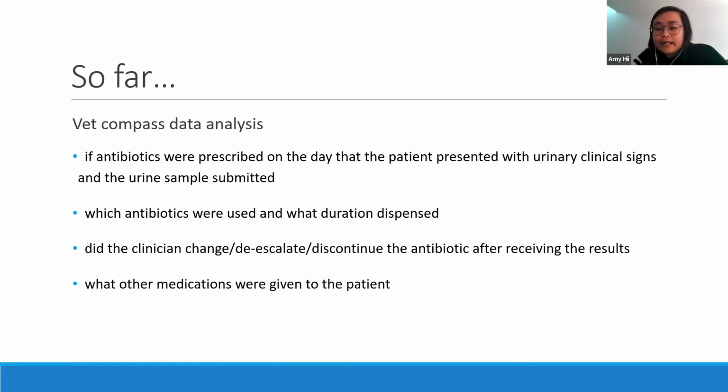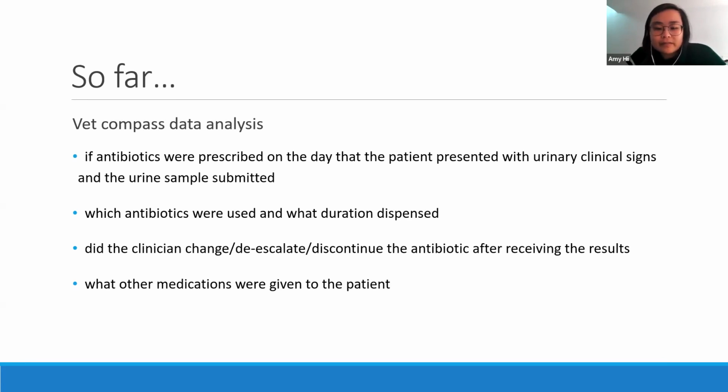In terms of data analysis, I received the patient histories through VetCompass in monthly batches. I have gone through January and February data so far, but I'm having difficulties finding all the records for the patients that receive free CNS. This is because the VetCompass histories do not include the lab reference number, which is what I receive in the lab reports from IDEXX.